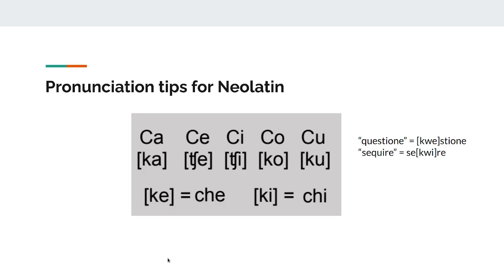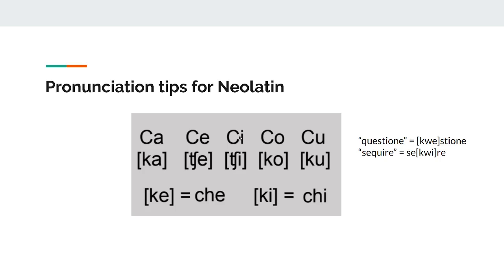So very quickly, again, without taking too much time, I'm going to show some tips and tricks to pronounce Neolatin. So we have here these sequences: ka, che, chi, ko, ku. And as you may have noticed just now, the sequences ce and ci, those being che and chi, look similar to how they would be written in Italian, which is also ce and ci.